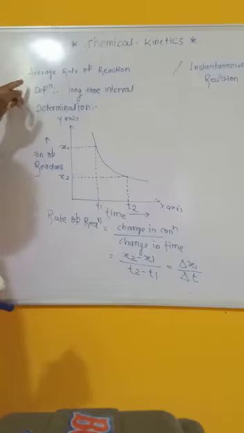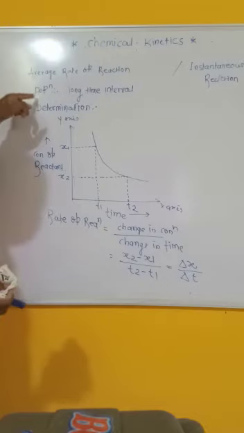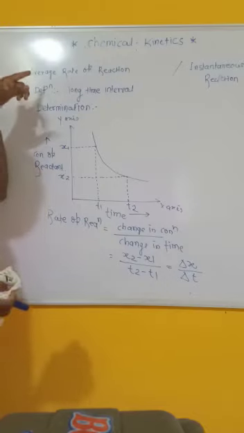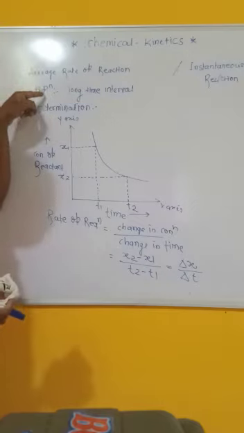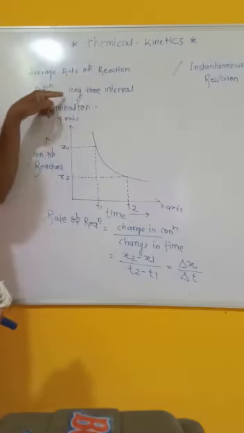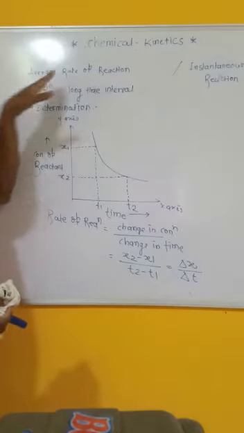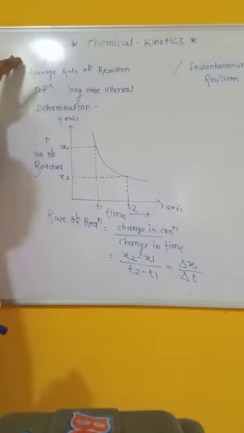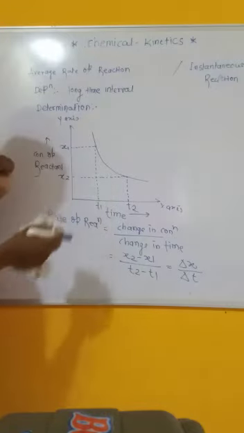First of all, the definition of the average rate of reaction. What is meant by the average rate of reaction? The rate of reaction measured over a long time interval is known as the average rate of reaction. How is it determined?